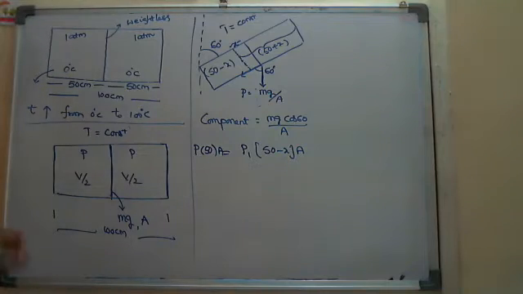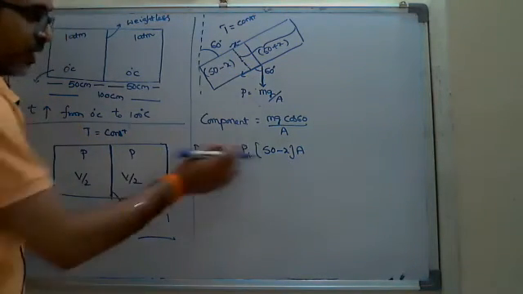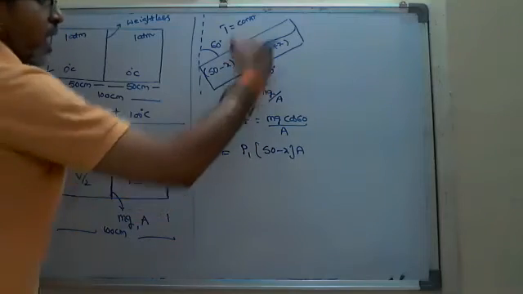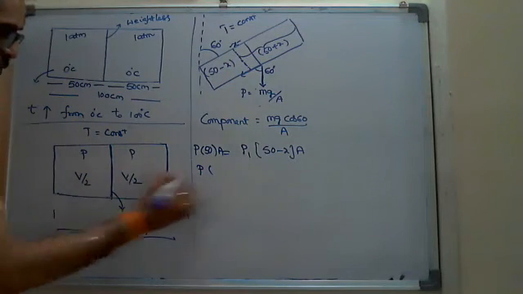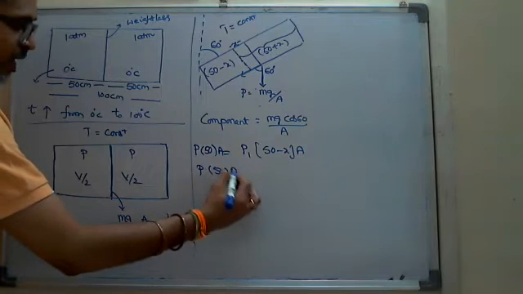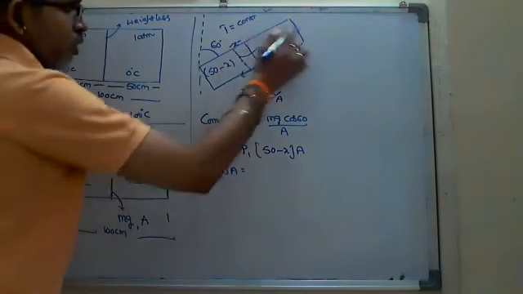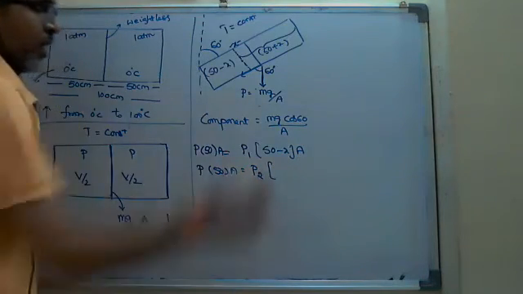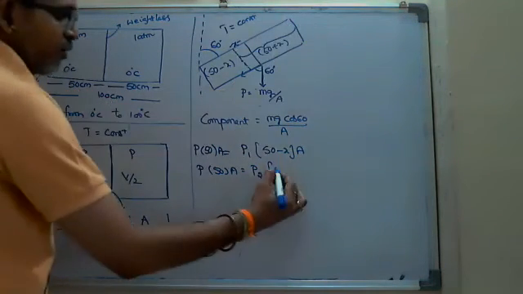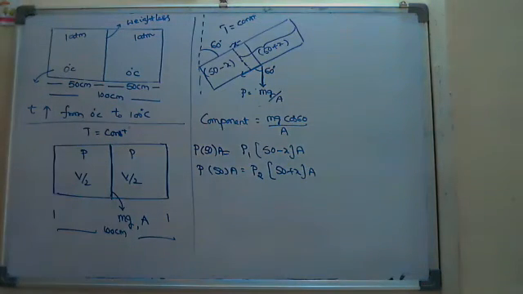This is the pressure here, and that pressure I don't know. On the other side, if I write P into V by 2, V by 2 is 50 into area, volume being length into area, equal to the pressure on the other side, which I assume as P2, into the length 50 plus x into area of cross section.